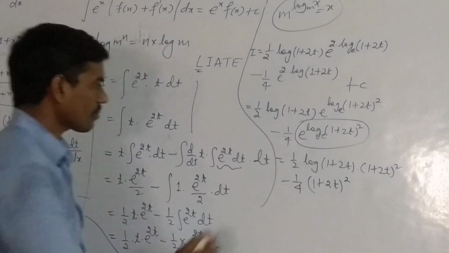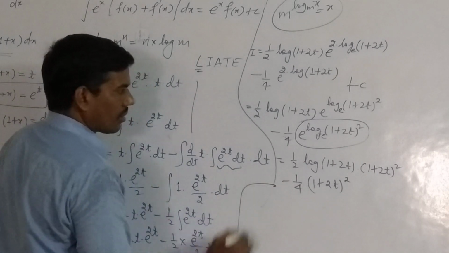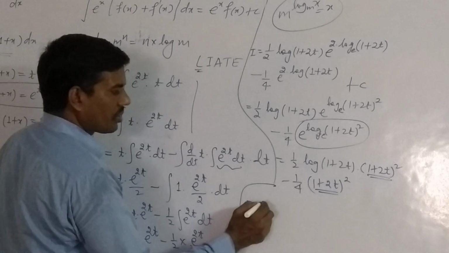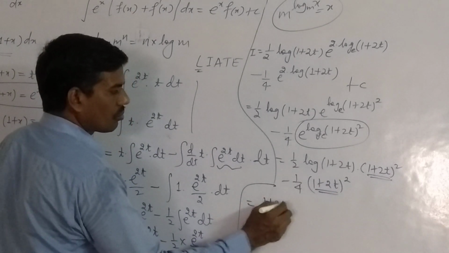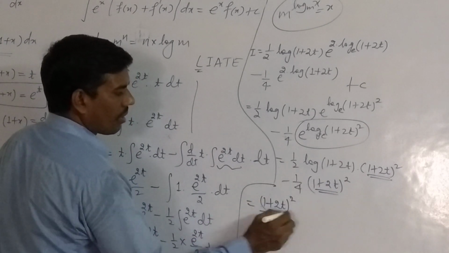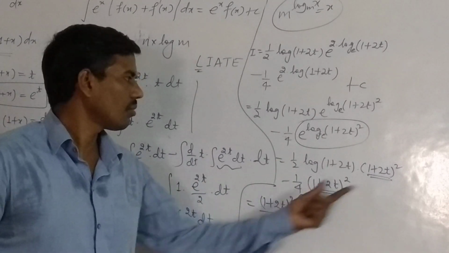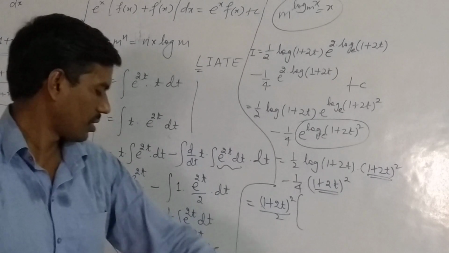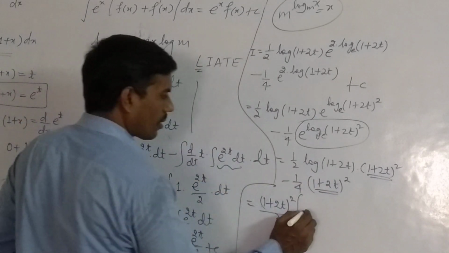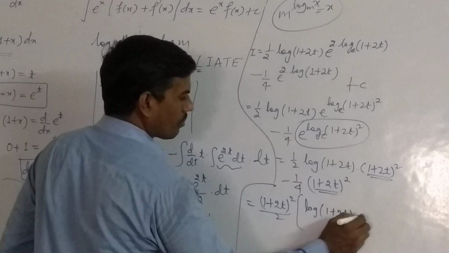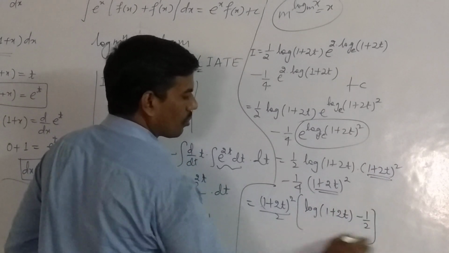Okay, this is equal to 1 by 2 common, 1 plus 2t to the whole square is common. Remaining terms are log of 1 plus 2t minus 1 by 2.